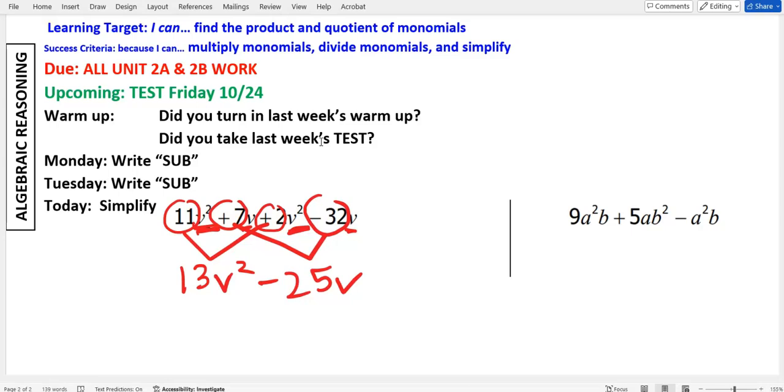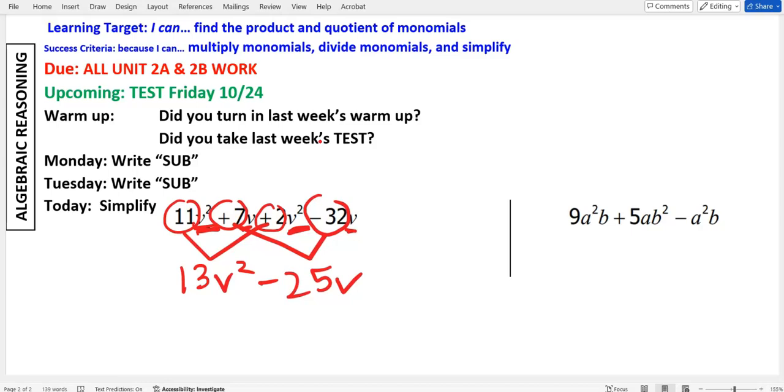You could do negative 32 plus 7. Either way, you get negative 25. You don't add these numbers together because they're not like terms. V squared and v are different types of terms. That's it. This is Algebra 1 stuff.